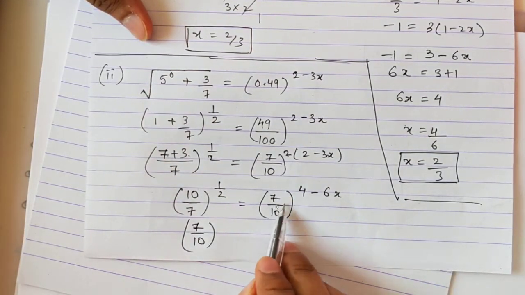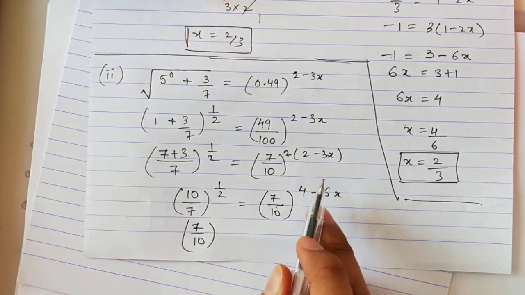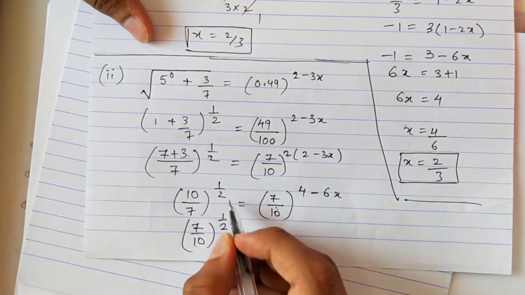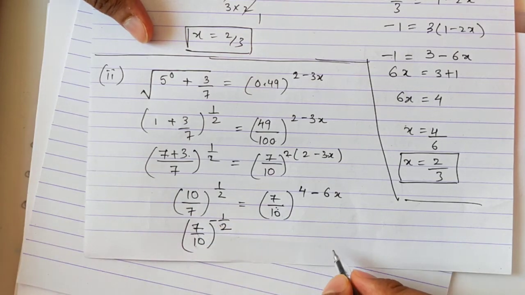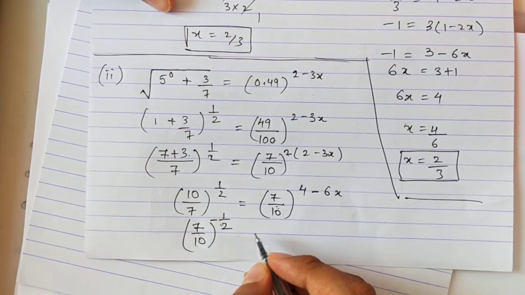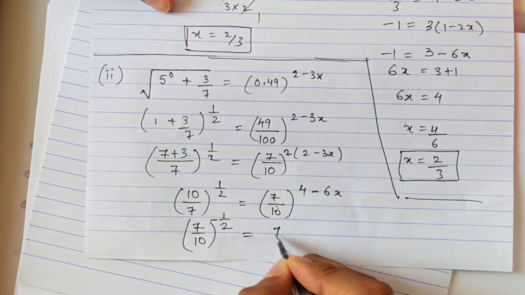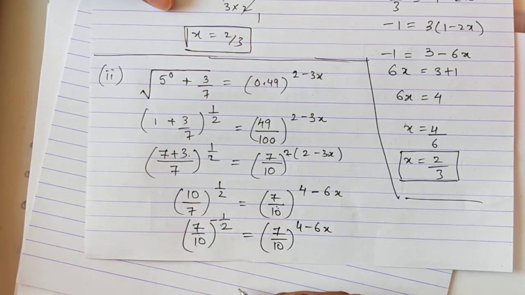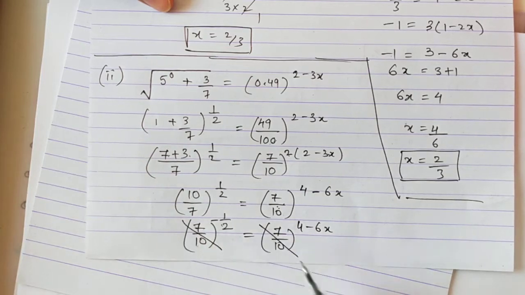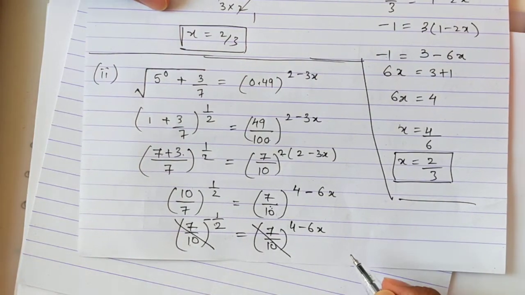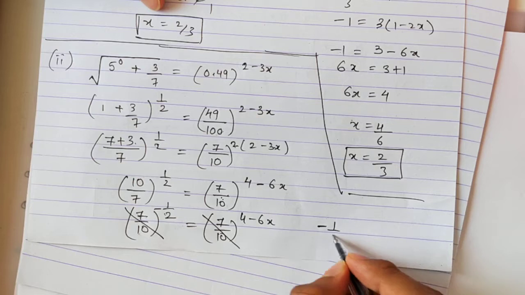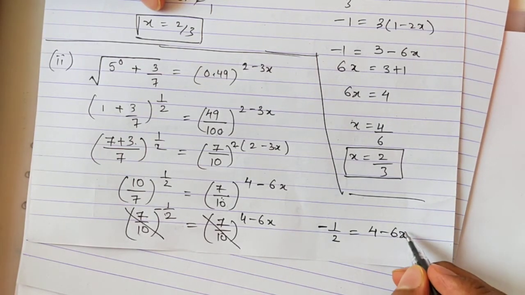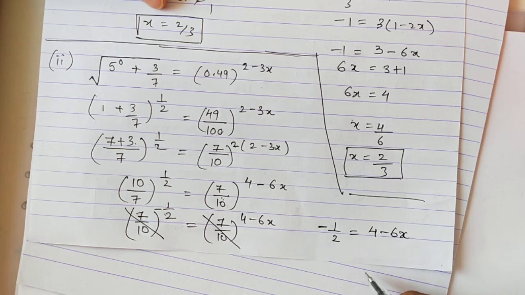Even if you reciprocal the other, you'll get the same answer, but the steps will increase. That is why you reciprocal this one. This 1 upon 2 became minus 1 upon 2, is equal to 7 upon 10 to the power 4 minus 6x. So 7 upon 10 will get cancelled. What will remain? Minus 1 upon 2 is equal to 4 minus 6x.